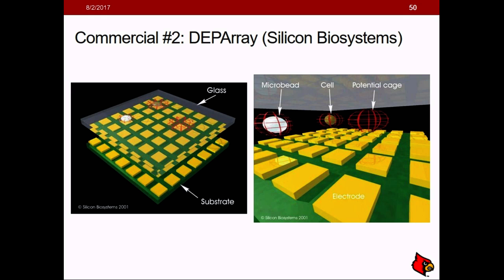The next system that's commercially available is called DEP array, where you provide a sample, and the system will trap individual cells and put them on a coordinate gridded, independently addressable electrode array.